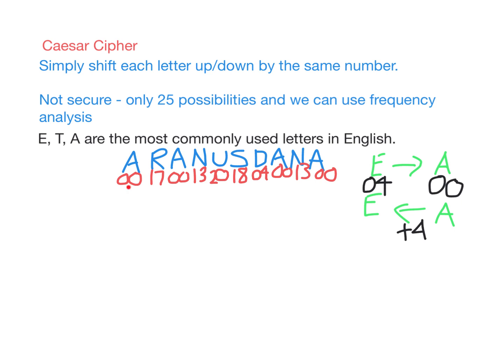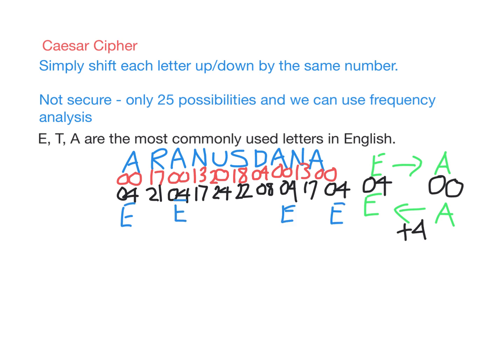So let's go ahead and add 4 to each of these numbers. There is a table in the notes that tells you which number is associated with which character, but we've already figured out that 04 corresponds to E. So 21 corresponds to V. Again, you can just get these from the table in the notes, or you can look up on Google. You could probably even write it out yourself.